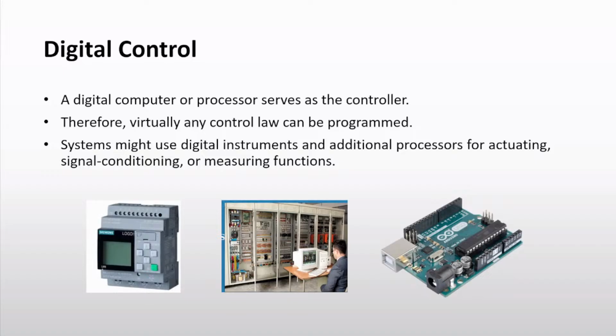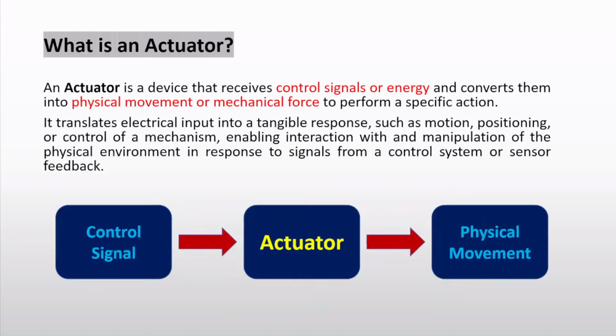So there should be an amplifier, and after that, the actuator receives the given signal from the controller and performs its physical action. Okay, now you know what is meant by digital control. Then we should know our main part, what an actuator is.